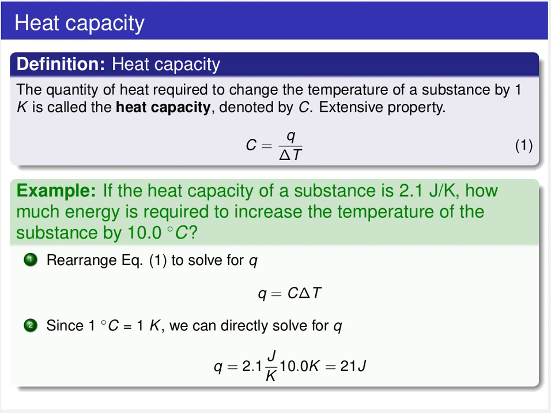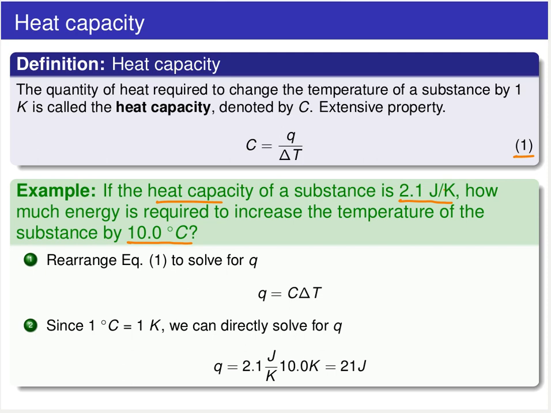Let's suppose that the heat capacity of some substance is 2.1 joules per Kelvin. How much energy is required to increase the temperature of that substance by 10.0 degrees Celsius? The first thing I want to draw your attention to is the units. Notice from equation 1 that we are defining the heat capacity as an energy over temperature, so joules over Kelvin is our chosen units on this problem.